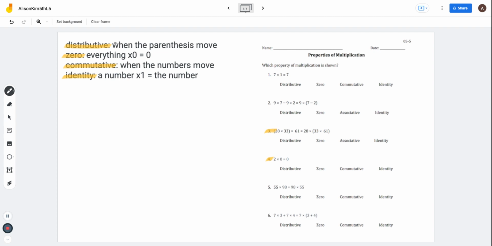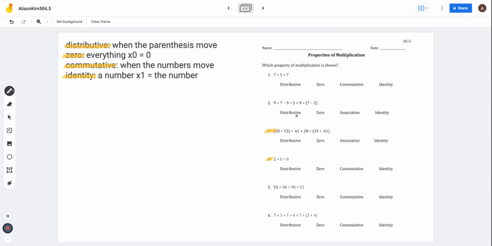The difference between distributive and commutative is that with commutative, when the numbers move around, it doesn't change the answer. But for distributive, the parentheses move around, so in most cases, it will change the answer. And the identity property is when any number times 1 is always equal to the same number.